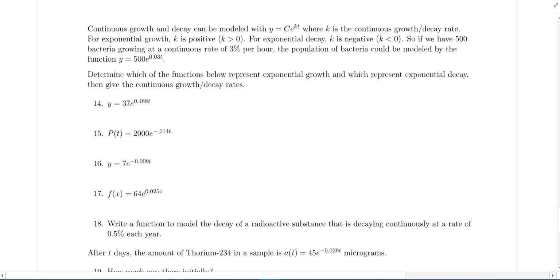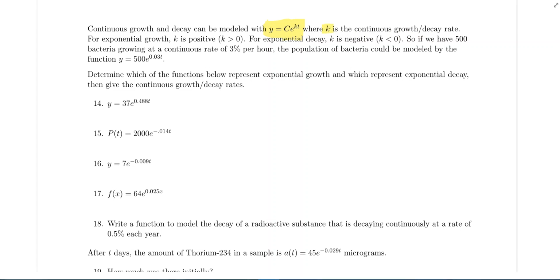So this is the same formula, guys, but instead of V, we're using Y, and instead of P, we're using C, and instead of R, we're using K. So this formula, Y equals C times e to the KT, is for an amount that grows from the initial amount C. It grows continuously with continuous growth rate K.